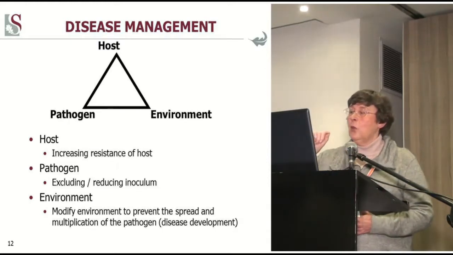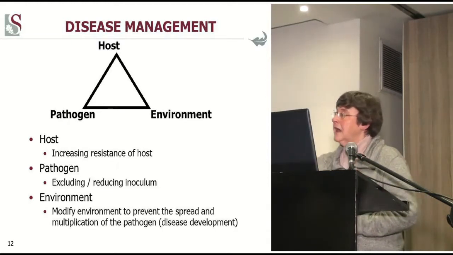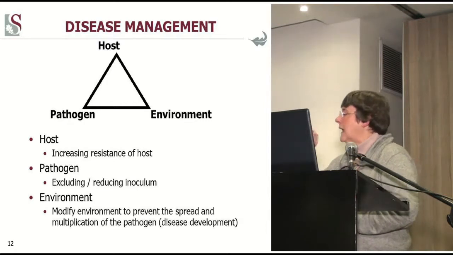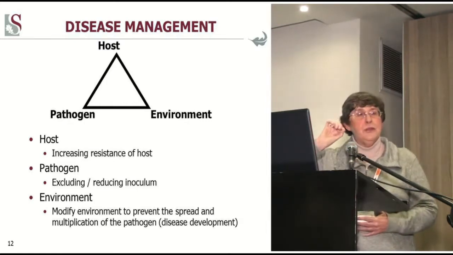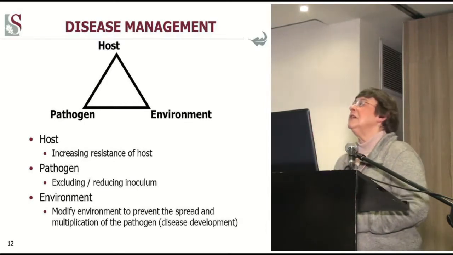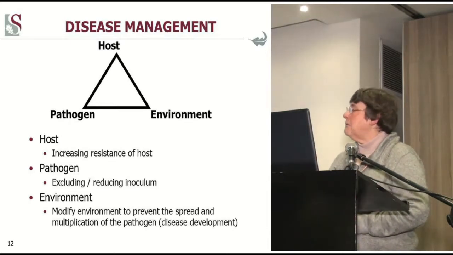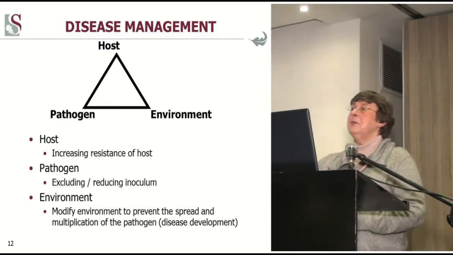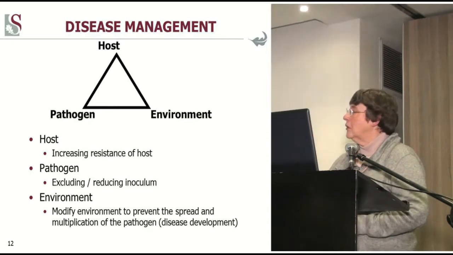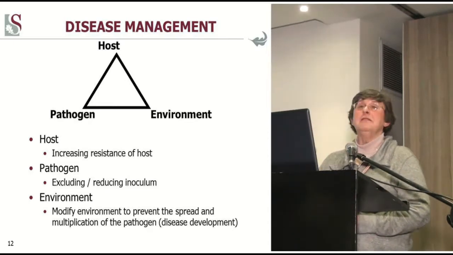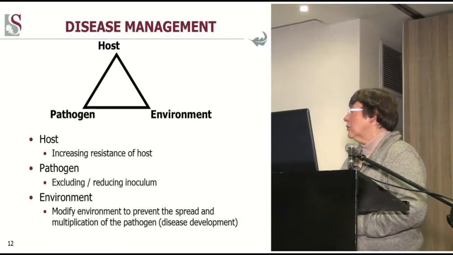And I think what I've got to emphasize here is the beautiful link between your pathogen and the appropriate environment. Many pathogens will only be able to infect or to sporulate under very specific environmental conditions.